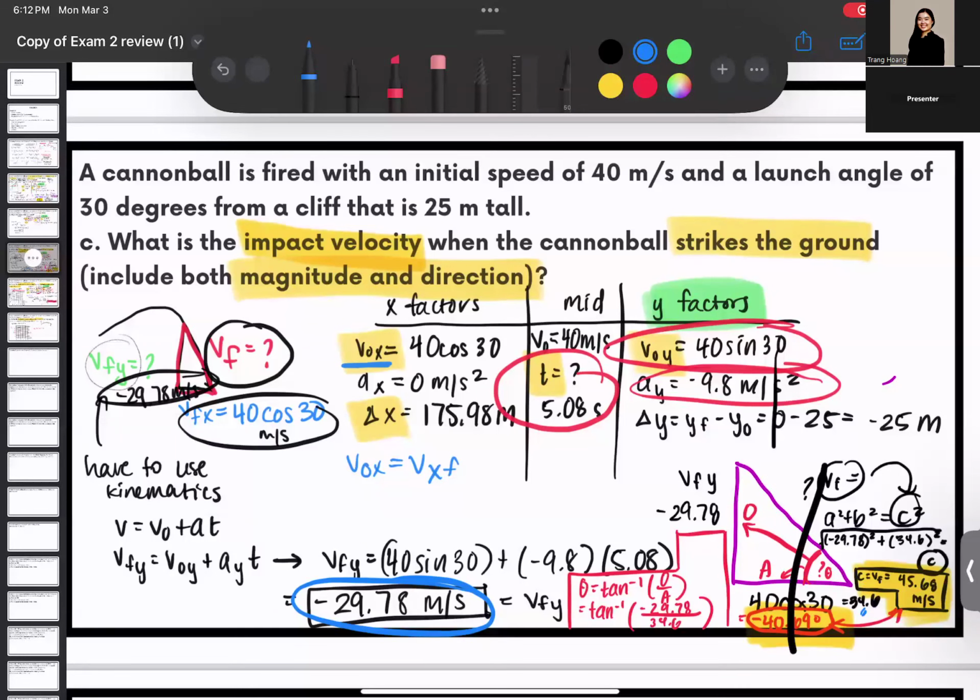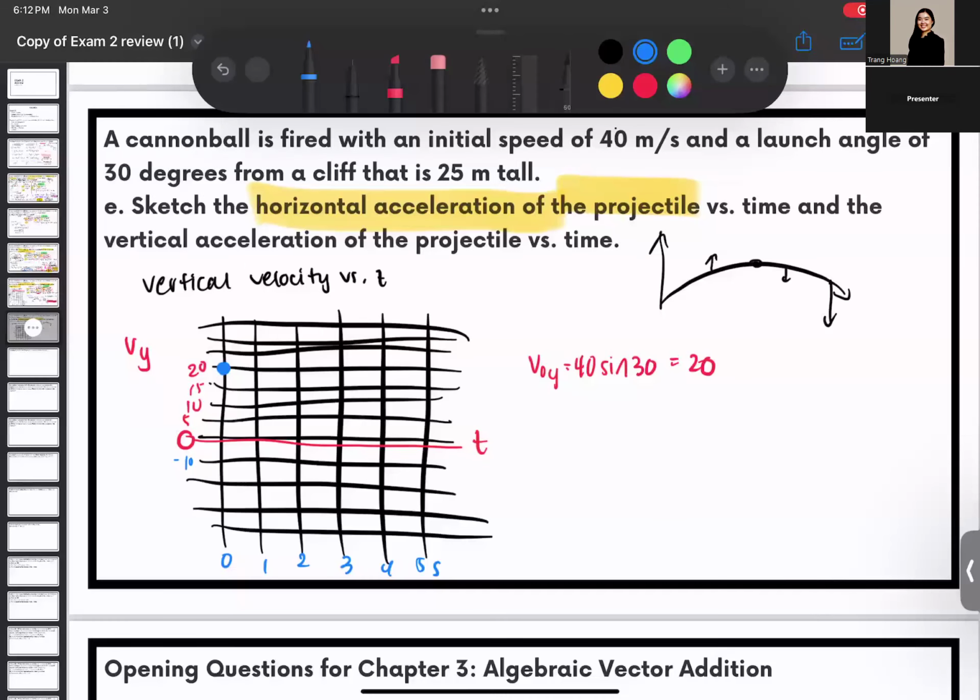So it's like negative 5, negative 10, negative 15, pretend I have lines. My dot is going to end up at negative 30 at 5 seconds. So you can end there and just connect those lines. That's it. You see how all we needed was V0Y and V final Y, and that came from everything we saw before.